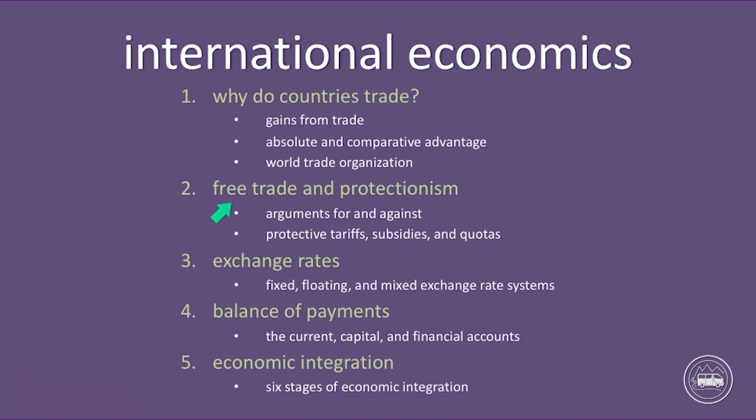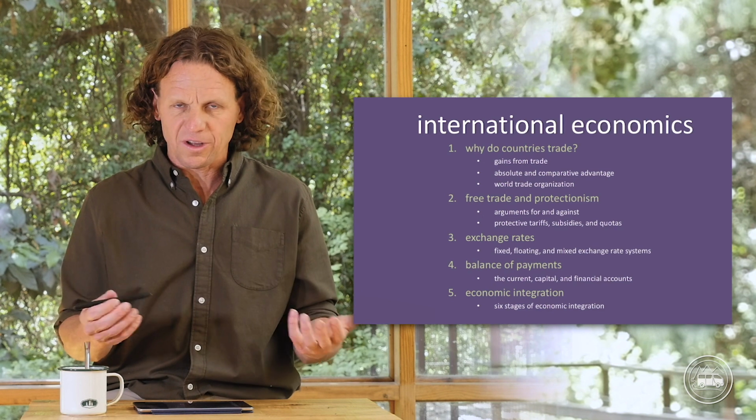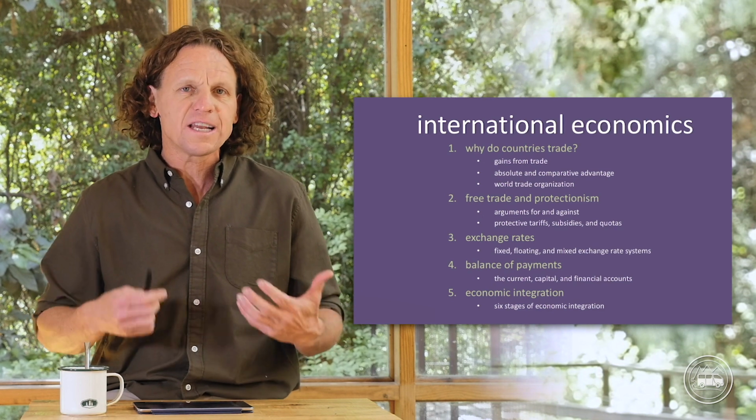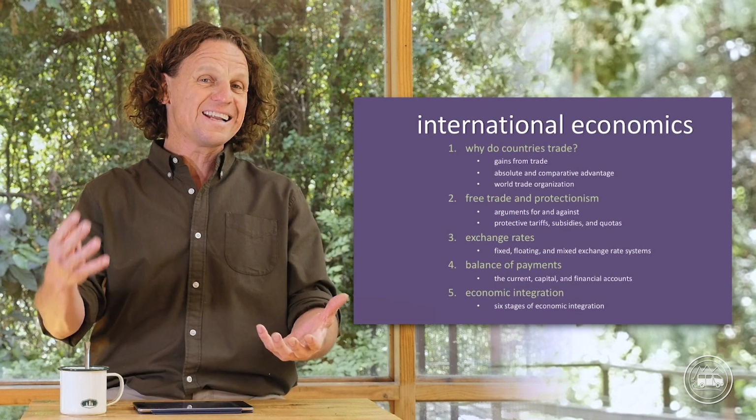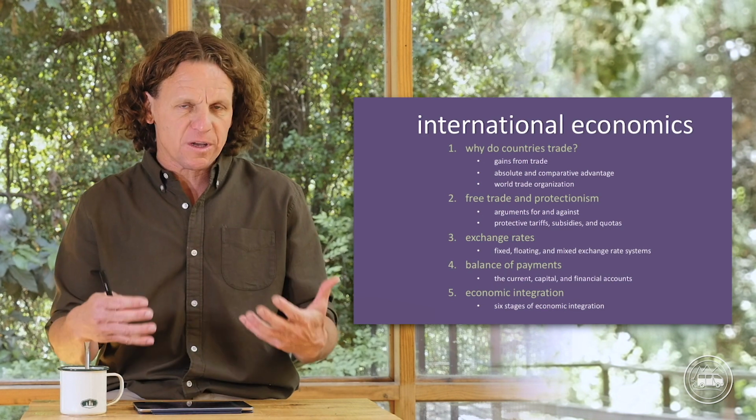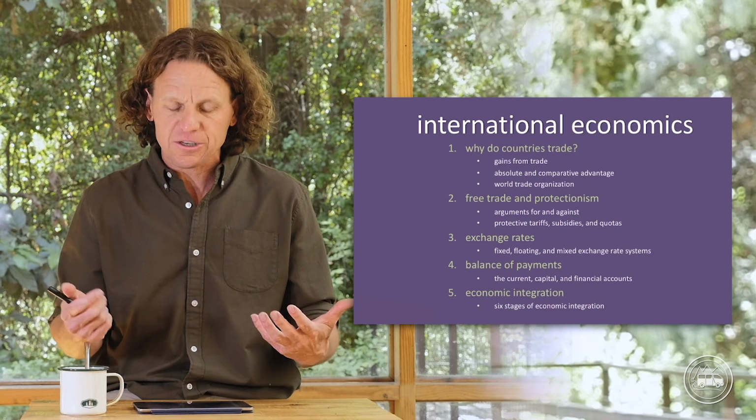Chapter 2, we'll take a look at free trade, what that means, what the benefits of free trade are, what the arguments for free trade are, and of course the arguments against free trade. The arguments against free trade would be the arguments for protectionism. This is in the news a lot, with countries trying to make sure that their economies grow by trading with others, but not at the consequence of their own people, especially their workers, their farmers or their manufacturing sectors.